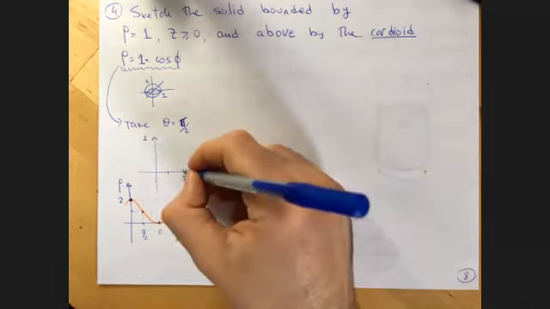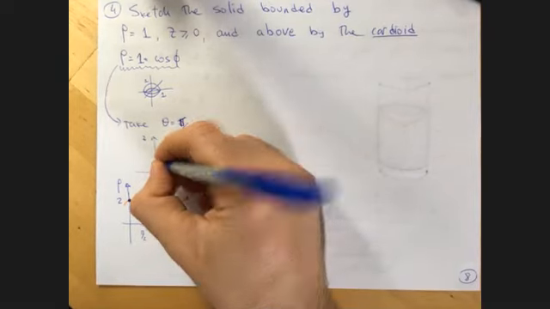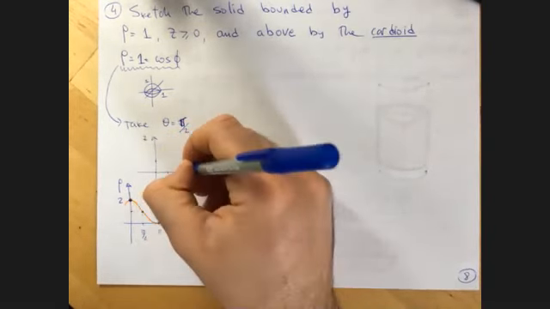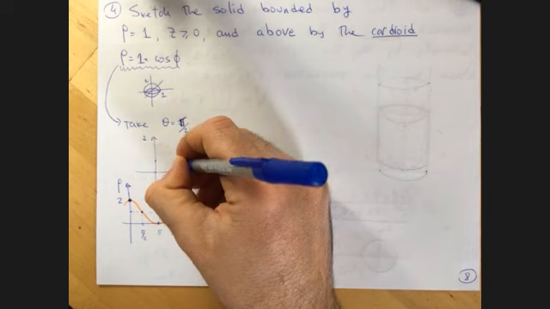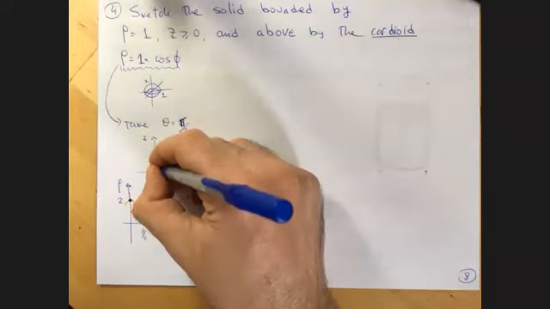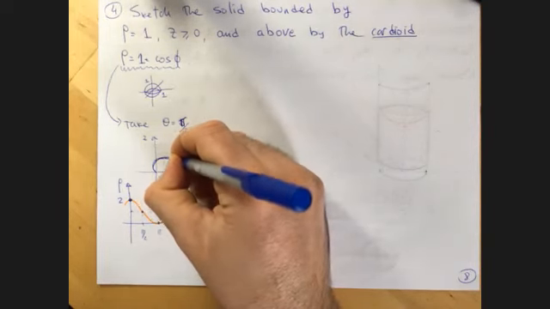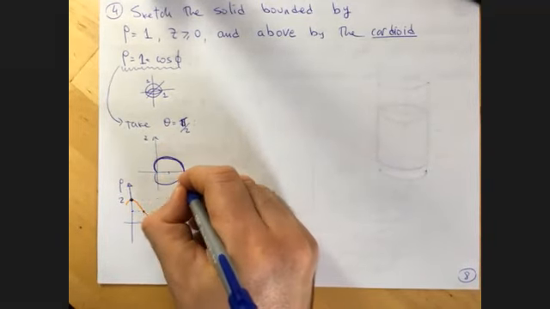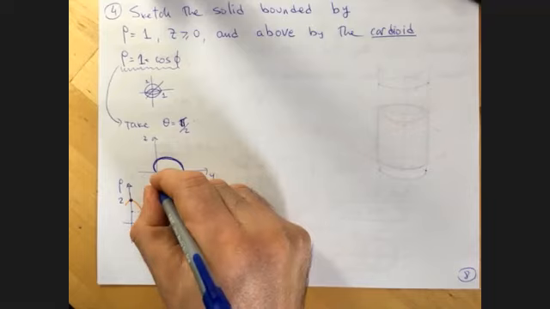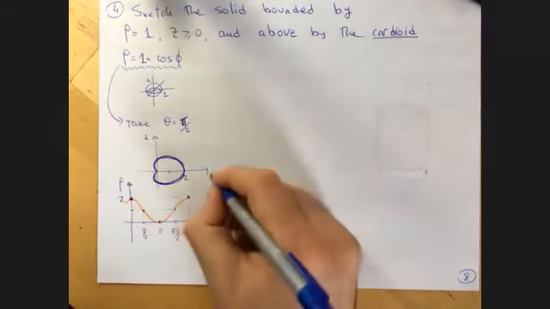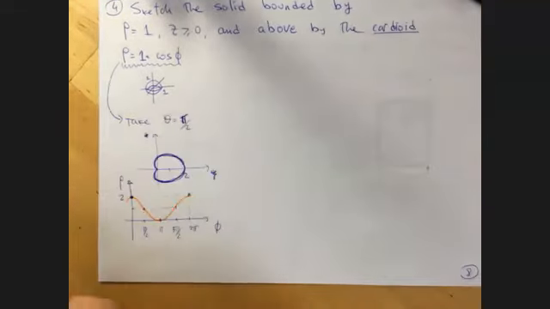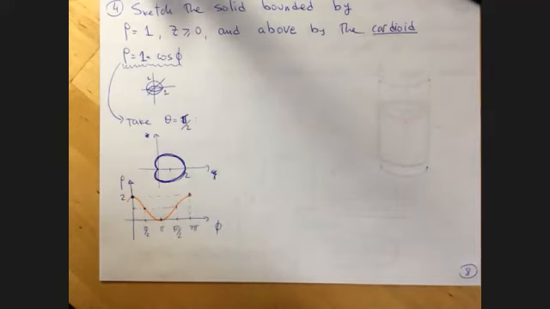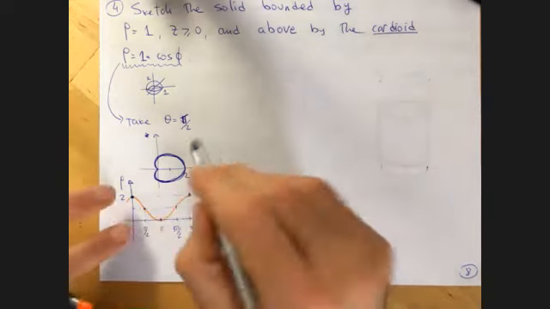So 2, then it's 1, then it's 0. So it's like this, right? And then like this. Okay, sorry. Now I get it.